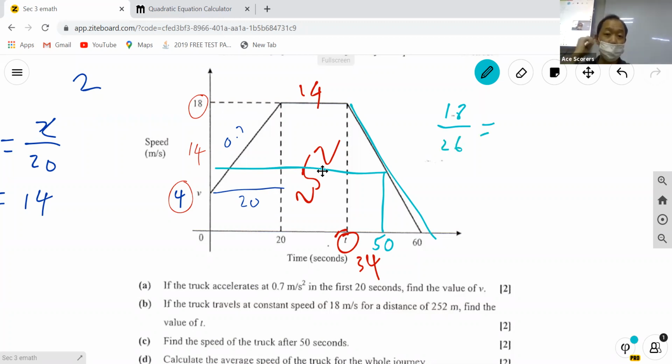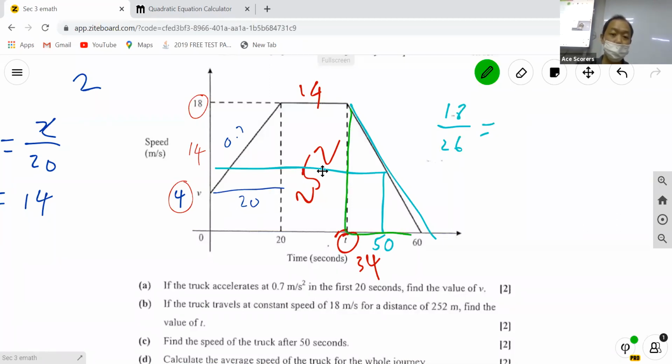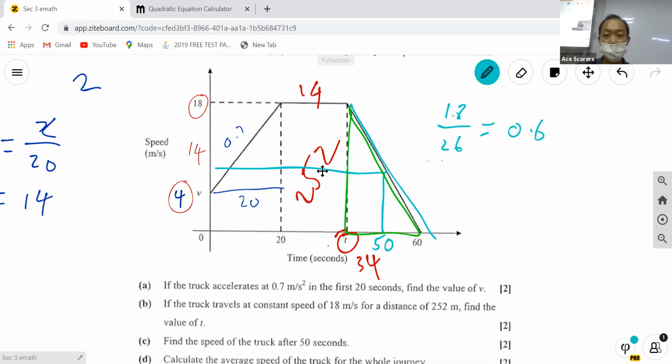Okay, I'm looking at just this triangle. Rise over run. So it's 26 and rise is 18. What's 18 divided by 26? Calculator. Wow, 0.69. Not a nice number. So I get 0.69. Okay, yeah, it's a negative value, 0.69.